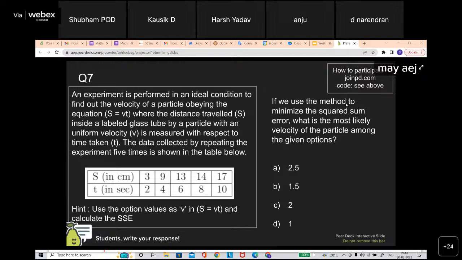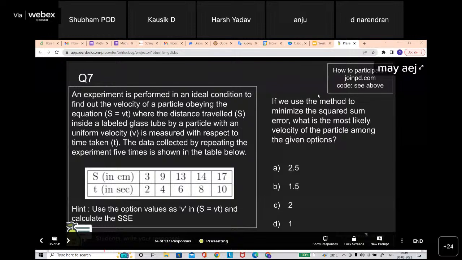Okay, after this we'll discuss. Sir, I have a doubt with this particular sum. I cannot understand how to approach that problem. One more problem is also there, sir. What's your doubt? I don't know how to approach the problem. I've posted that in the chat. Safe landing kind of question, sir.